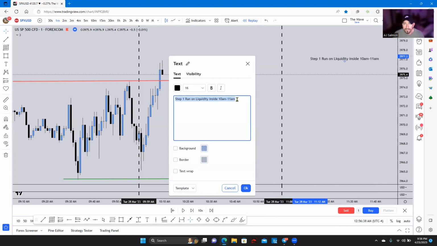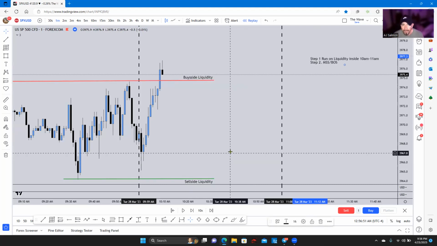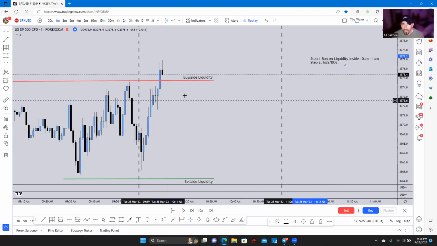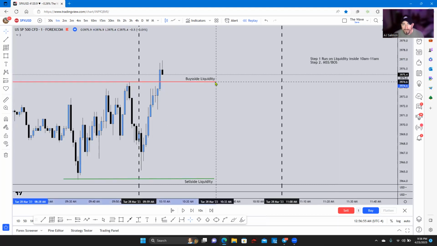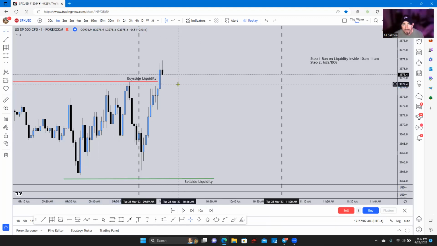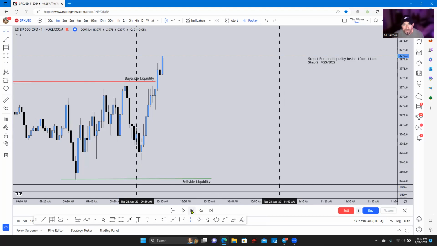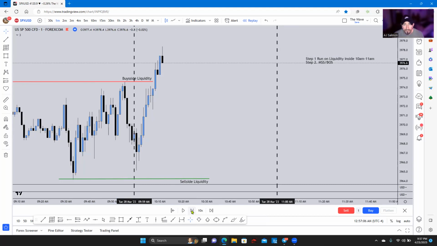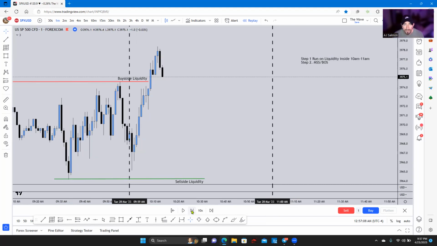Now our next step, step two, we're going to wait for a market structure shift or break of structure. People call it break of structure, but we just want a market structure shift with displacement. This buy side taken with displacement to the downside.